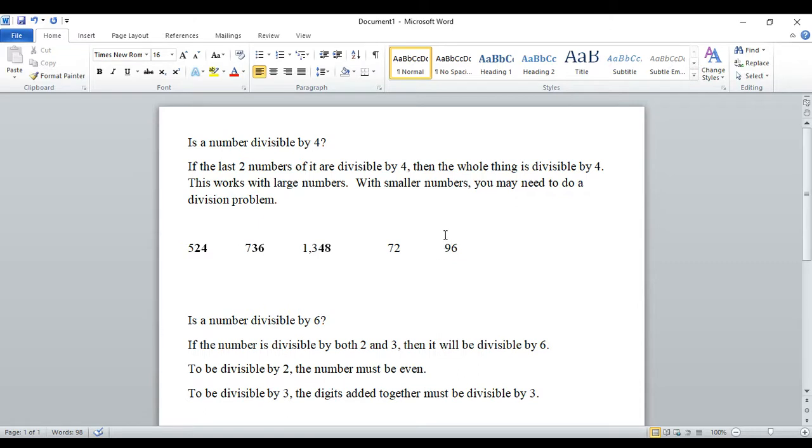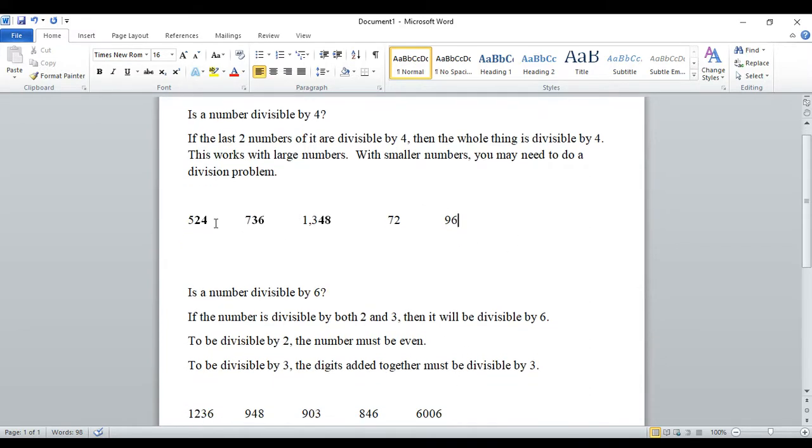It would go in there, let's see, 24 times. All right, so all of these numbers would be multiples of 4 based on this little trick and doing a division problem to figure it out.